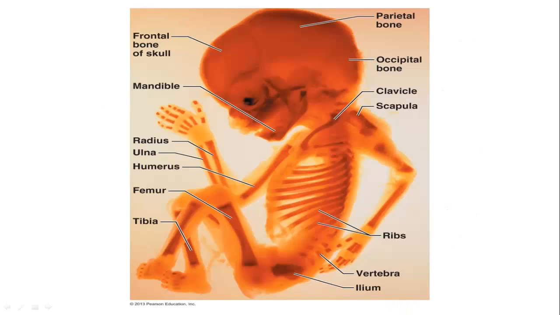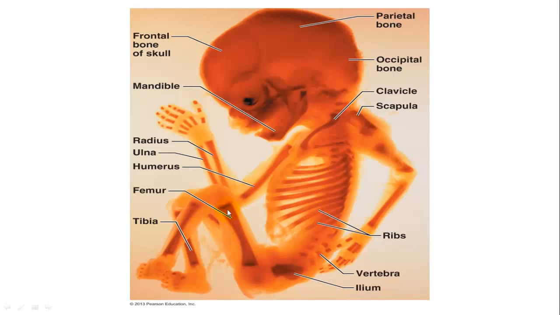So in a developing fetus or baby, if you will, you have flat bones wherein the intramembranous ossification process is occurring. You have long bones, you can see here, where there's still cartilage in between these bones. These bones have not fully formed yet.